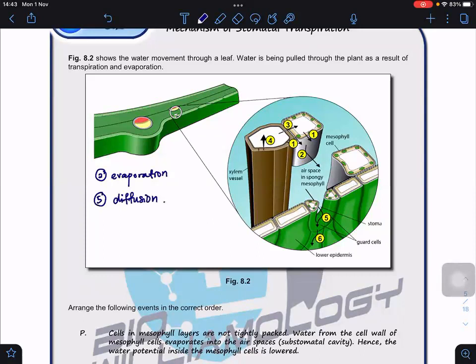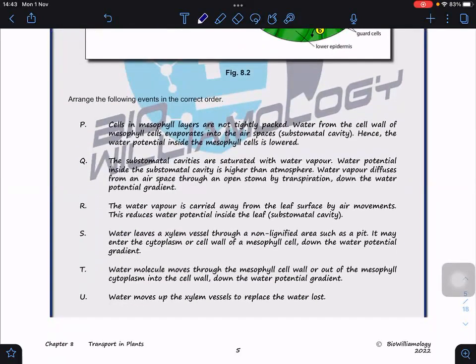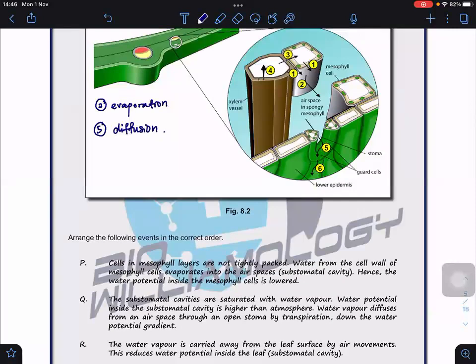Are you clear? Okay, so quick one, answer the question: arrange the following events in the correct order. So 3 minutes, complete this. Okay, so based on this diagram, now we try to answer step number 1, step number 2, 3, 4, 5, and 6.